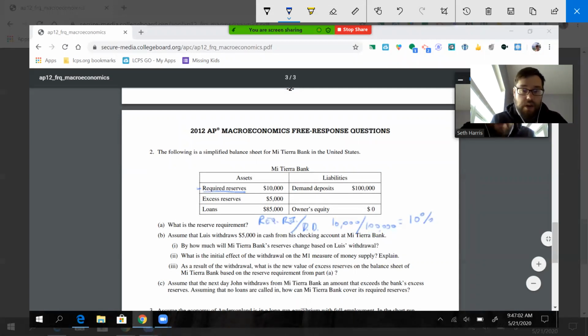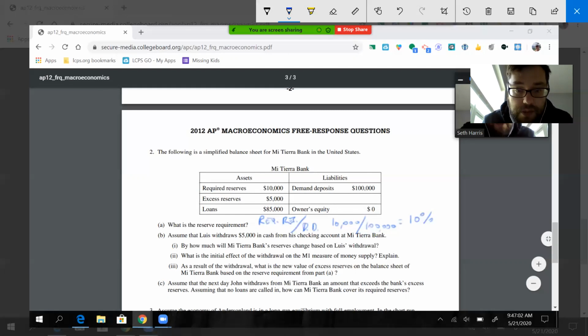All right, so let's go to part B now. We're going to do a transaction. Assume that Luis withdraws $5,000 in cash from his checking account at Mi Tierra Bank. They're going to ask us about all these different effects of this withdrawal. What I like to do when there's a transaction on a balance sheet is update the balance sheet to show what happened.